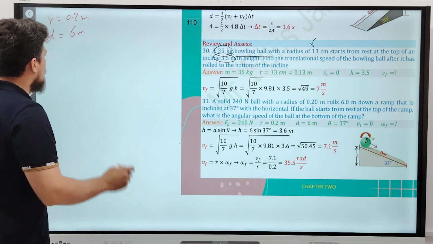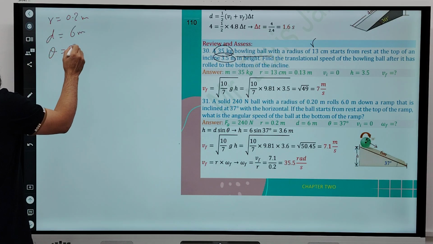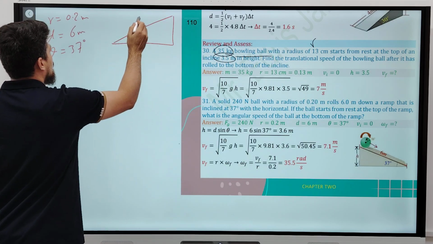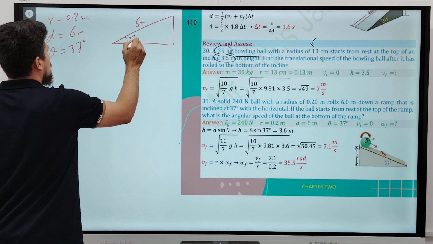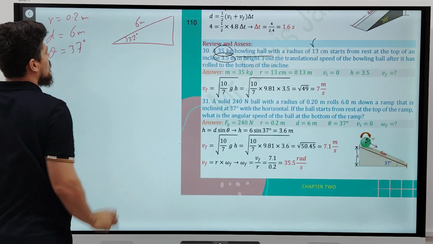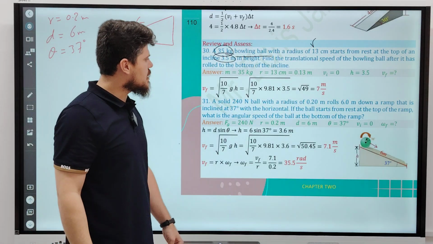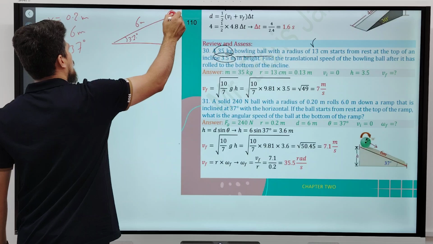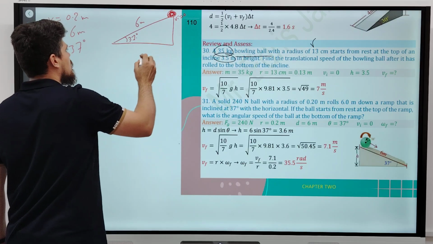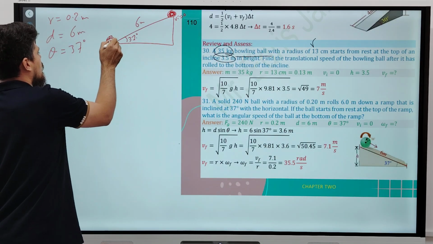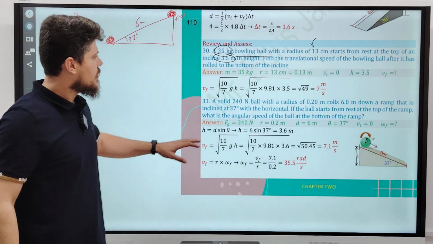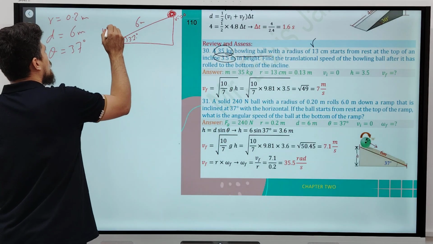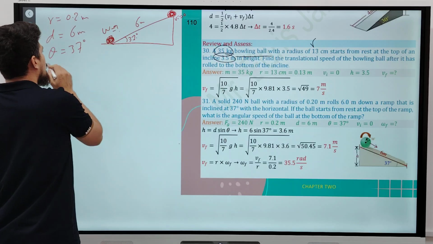That is inclined at 37, theta 37 degree with the horizontal. If the ball starts from rest, the initial is 0. What is the angular speed of the ball at the bottom of the ramp? Angular speed is unknown.